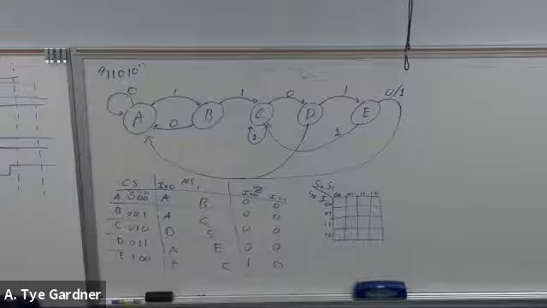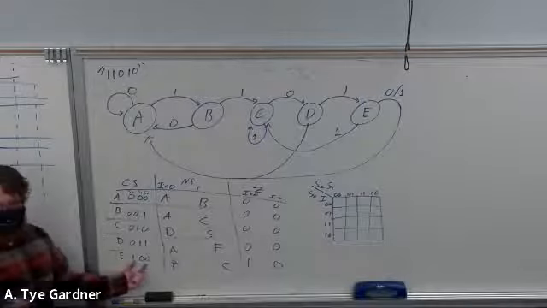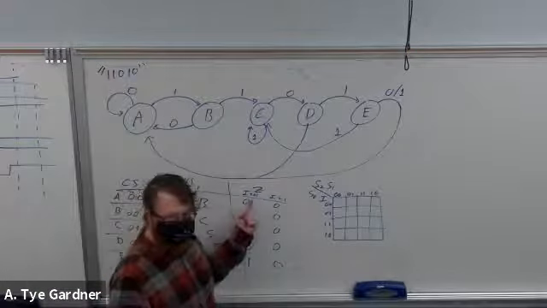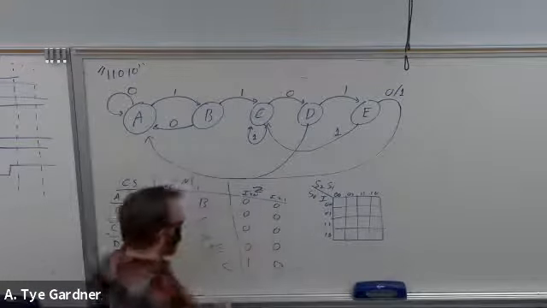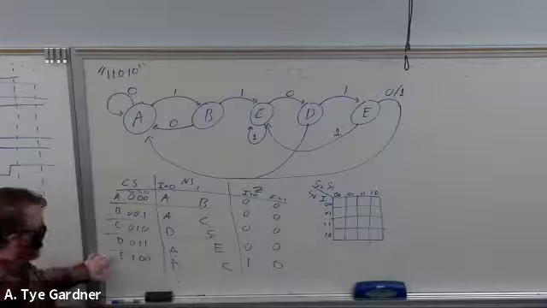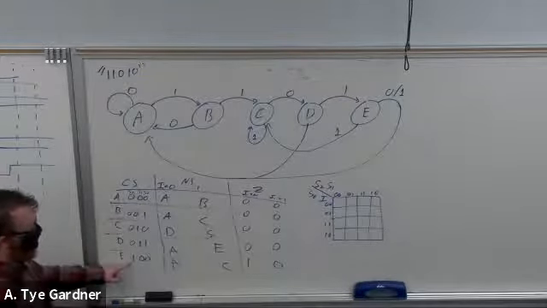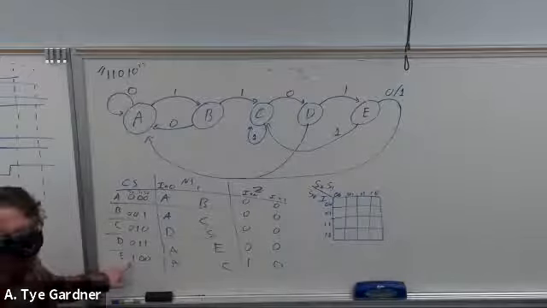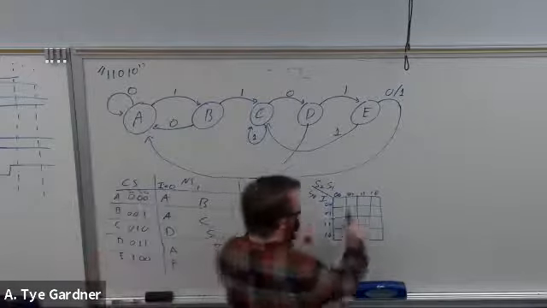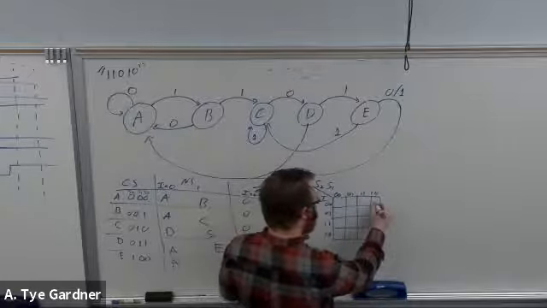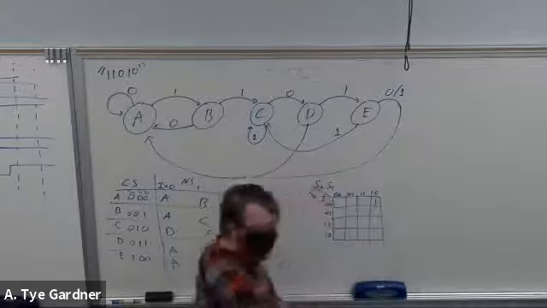Well, Z is true if current state is 1, 0, 0 and input is 0, right? So if I were to go find this on there, S2 is 1, everything else is 0. There, right?